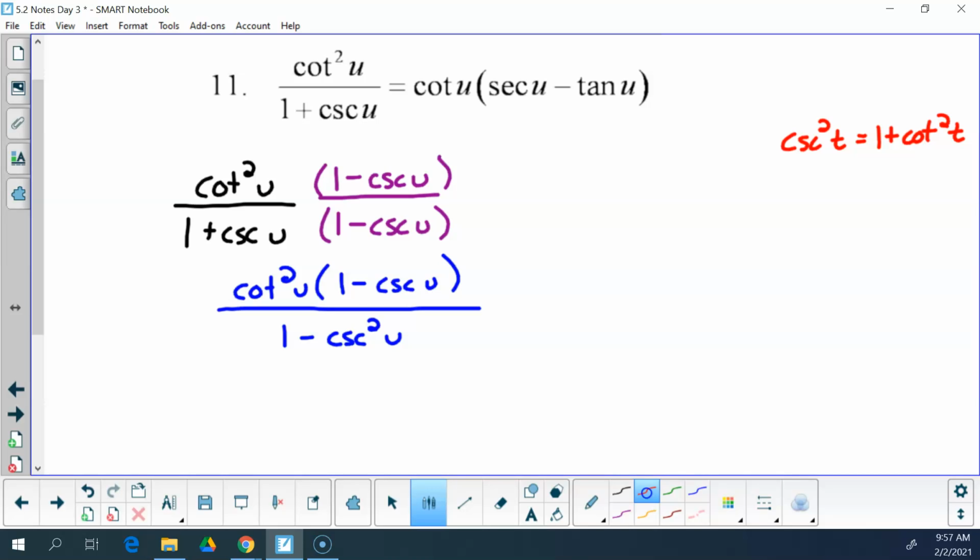So if I want 1 minus cosecant squared, that means that this would have to go to that side, correct? And where does cotangent have to go then? And so that becomes negative cotangent. So that down there is negative cotangent. Agree?